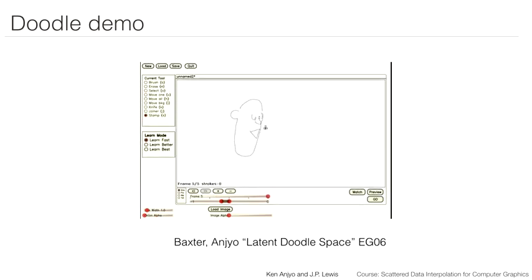By clicking and dragging, the user can interactively choose a particular doodle from the latent doodle space. Scaling and rotation are also controllable.